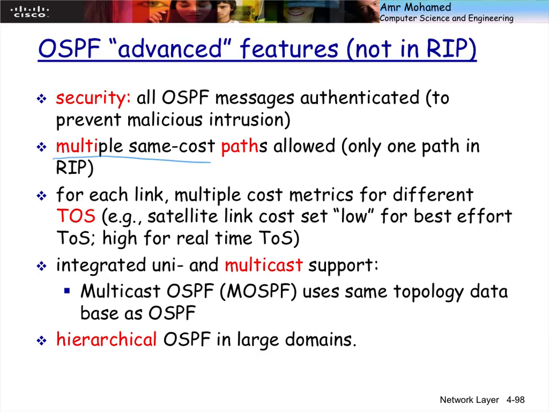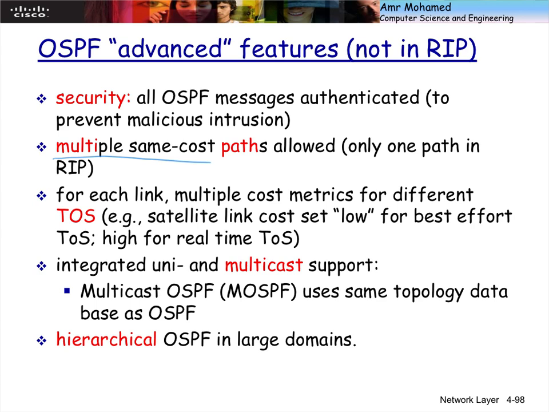So multiple same-cost paths are allowed in OSPF. Imagine, in any of the examples that we talked about before, that a router receives from neighboring nodes the distance to a particular destination.